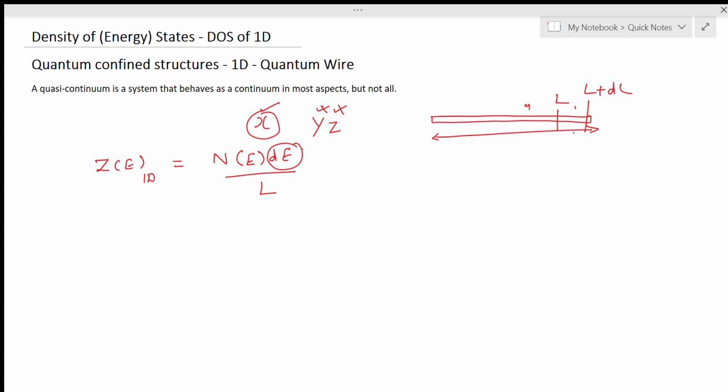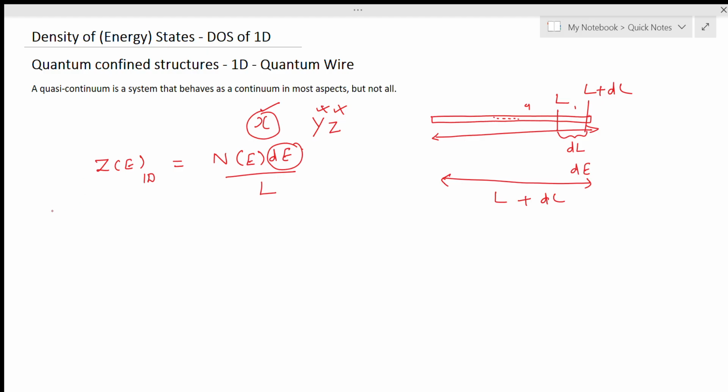So here in this interval dL, the energy interval dE, we are going to find how many available energy states there are. So this is considered as L plus dL. Now within this quantum wire, the potential energy is zero and outside the wire, the potential energy of the particle is considered as infinity.